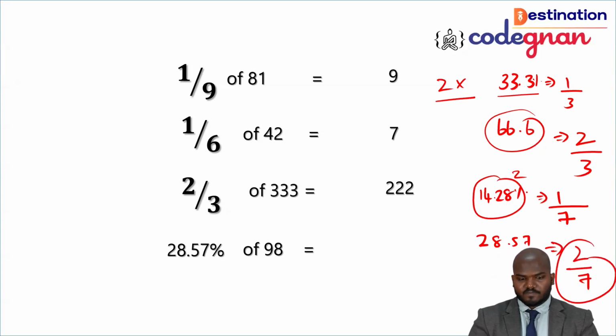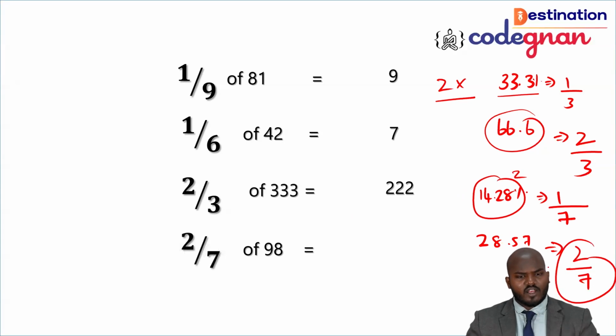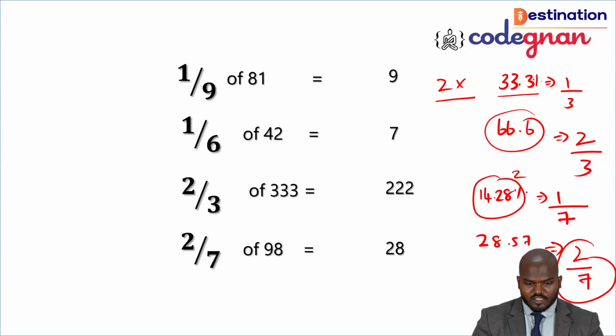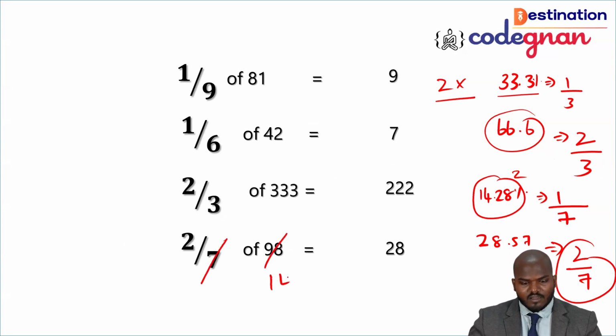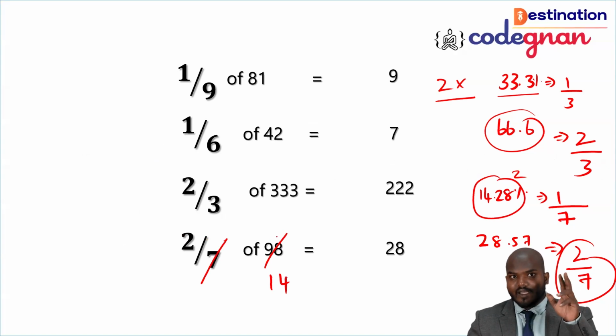If I cancel, 7 times 14 gives 98, and 14 times 2 gives 28. It's the easiest method. You can use it anywhere in decimals.